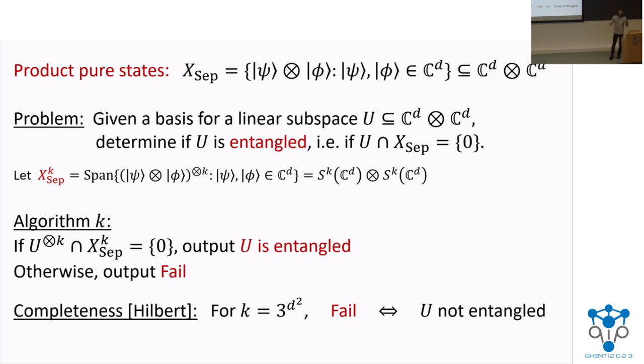And this is indeed a hierarchy. At each level, this linear system that you're solving is strictly stronger than the one before. And it's actually complete in that if you go up high enough in the number of levels, then the output fail ends up being equivalent to U containing a product vector. So it really solves the full decision problem in the limit, or at some actually fixed level.